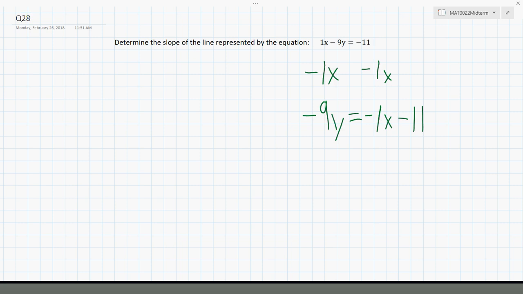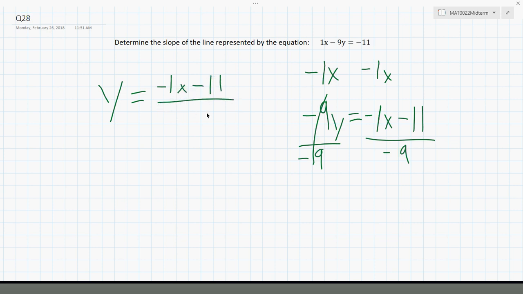Oh, I'm sorry, divide by 9. So we're going to divide both sides by -9 because I want to get -9 away from the y, right? That gives us y equals -1x minus 11 all over -9.